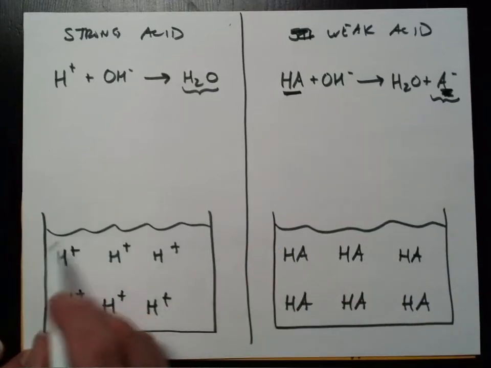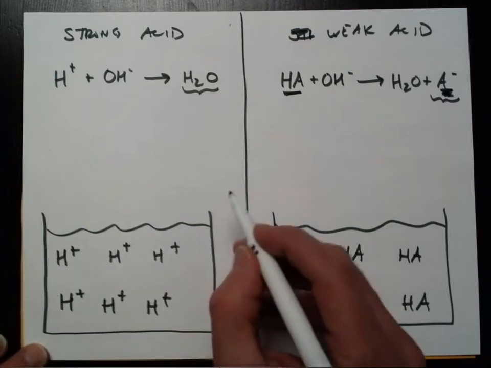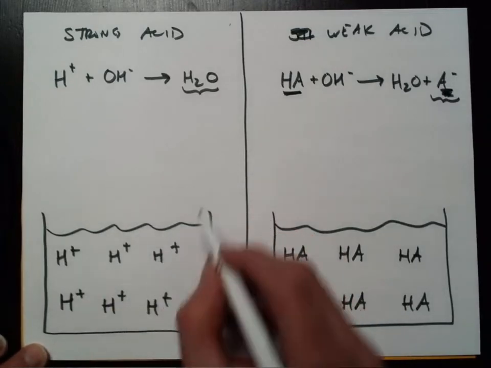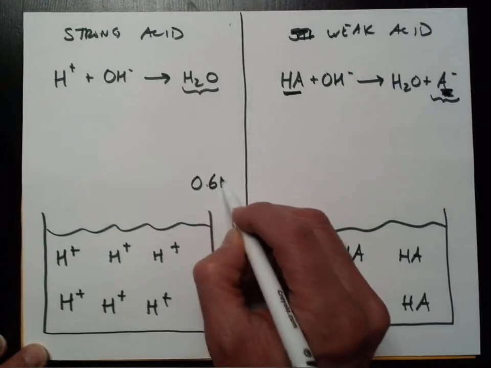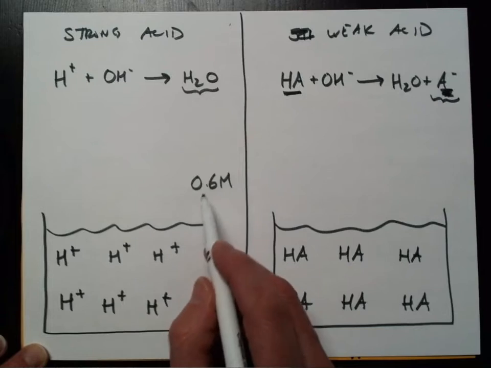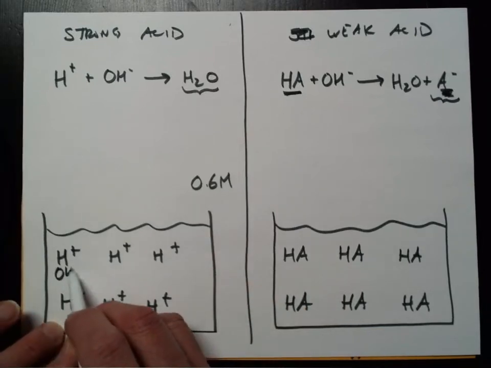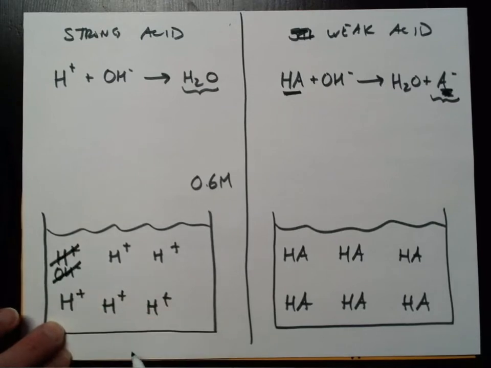For example, if I was going to find the pH of this solution, just to make it easier on ourselves, we'll say this corresponds to a 0.6 molar solution. Well, then the pH of this would be the negative log of 0.6 molar. Now, after I add the first hydroxide and make water, we've got a 0.5 molar solution.